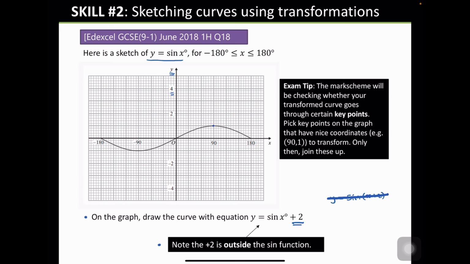This is a 1, so it's going to end up here. This is going to be here. This is -1. So move up 2 spots to here, and the final sketch will look like this. As you can see, x values are not changing, y values are increasing by 2.